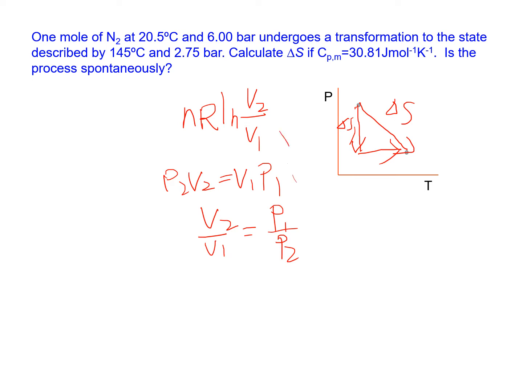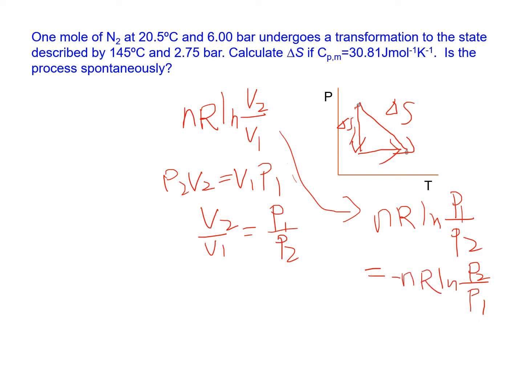And therefore, this equation is nR ln P1 over P2. Now if we want to write it as final over initial, then ln P1 over P2 should be the negative of ln P2 over P1, so negative nR ln P2 over P1. Okay, so that's delta S1.